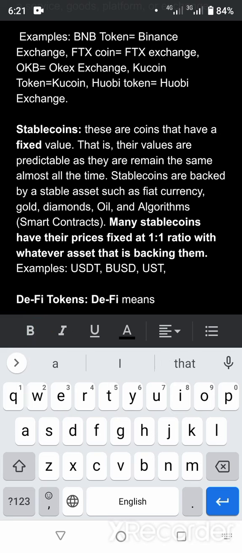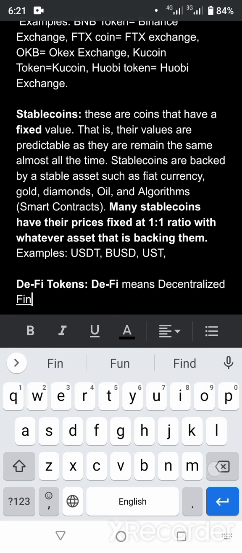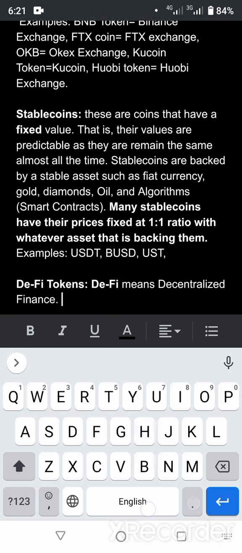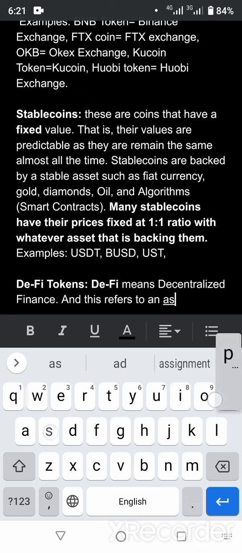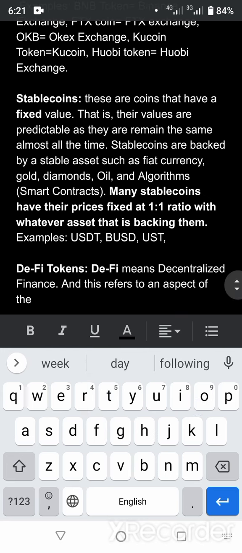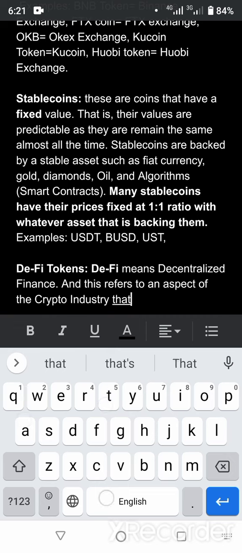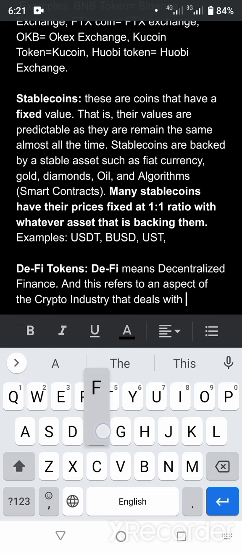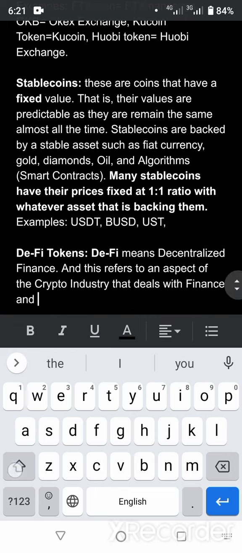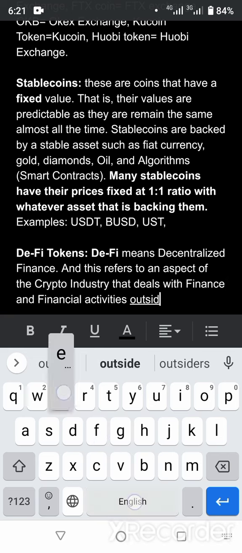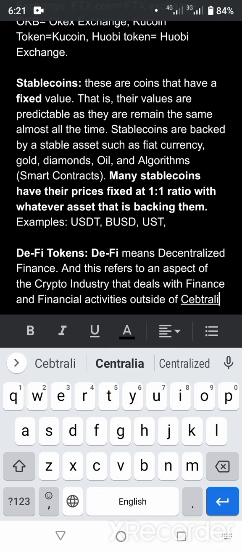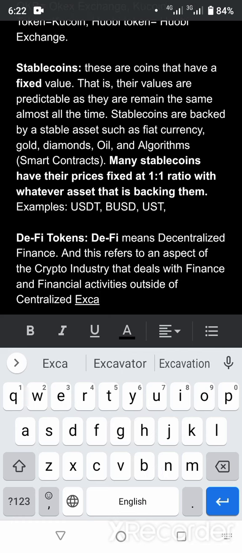DeFi means decentralized finance, and this refers to an aspect of the crypto industry that deals with finance and financial activities outside of centralized exchanges.